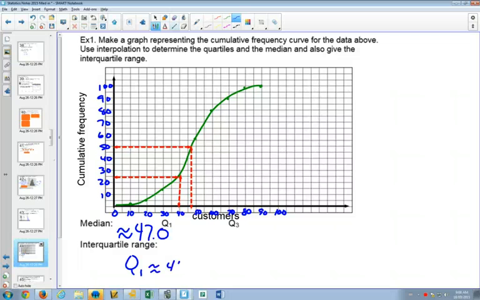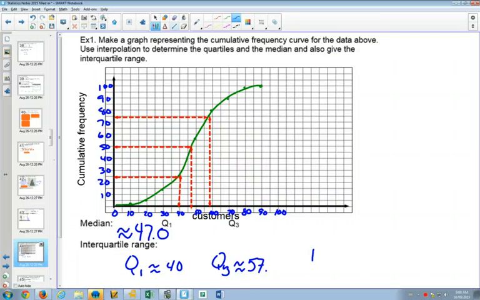Quartile 1's about 40. 75, go over until I hit my graph, and down. Quartile 3 looks like it's at about 57.